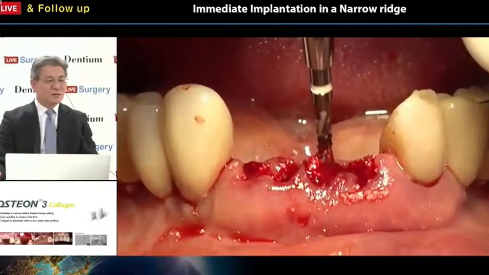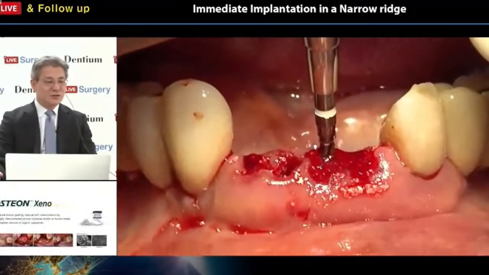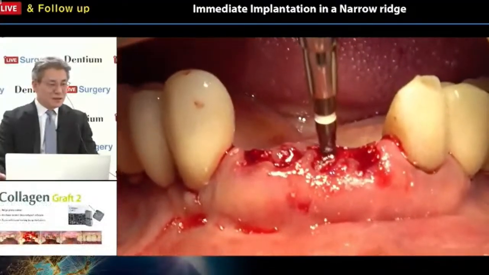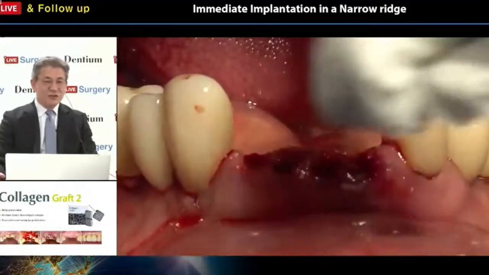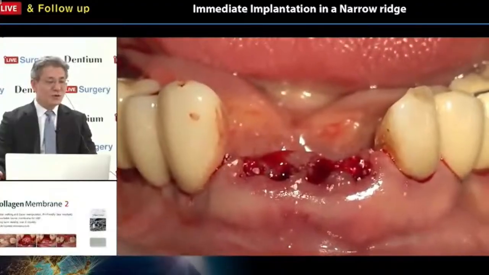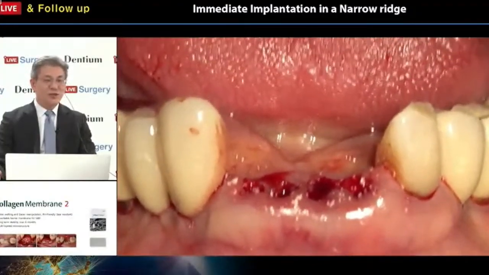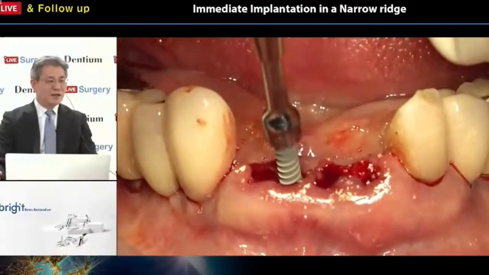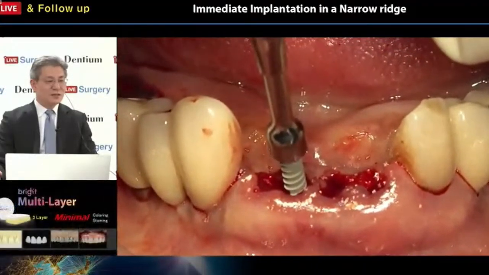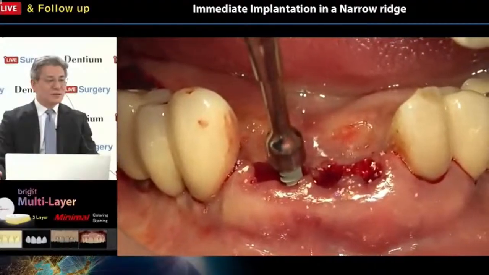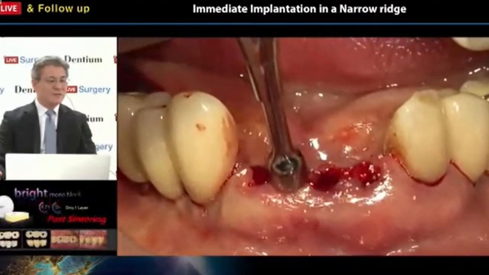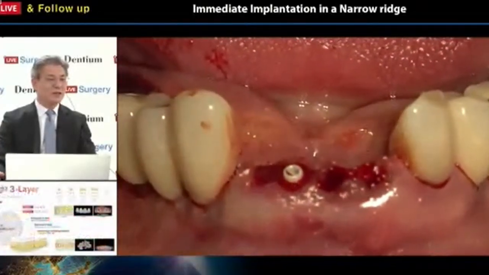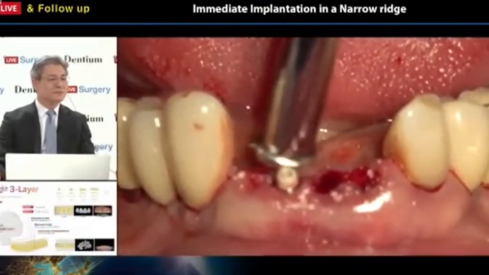First, the Fisher bar was used to make the initial point, and then through this initial point, the Lindemann drill is used to make the osteotomy inside. After that, insert this 2.0 bone-level implant fixture in the 41 and 31 area.